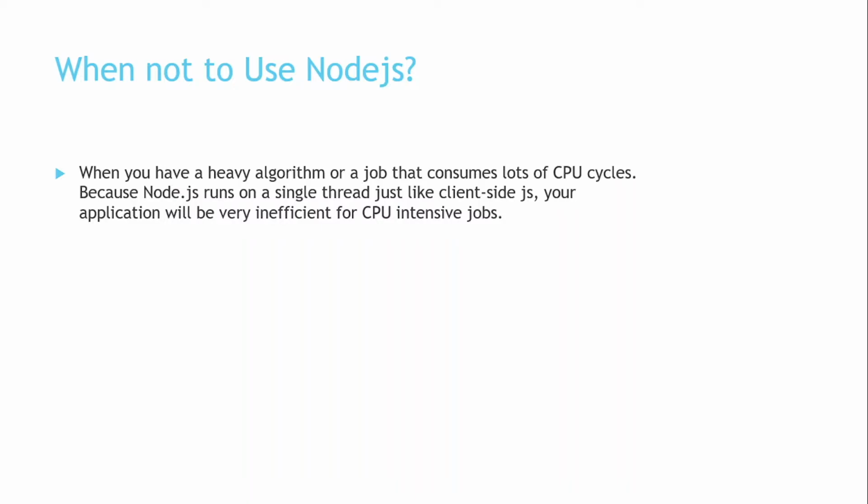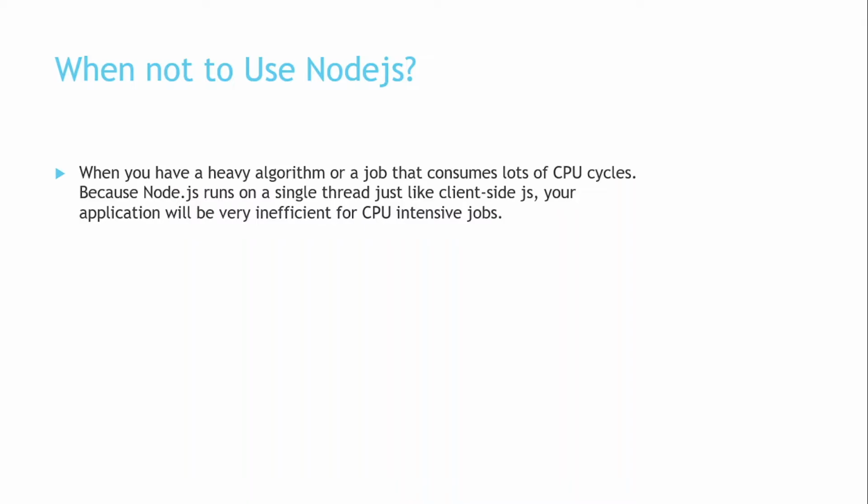So when your application requires a lot of CPU cycles or heavy computing, you should not use Node.js, because Node.js runs on a single thread and manages everything in that single thread by using asynchronous callbacks. If we use Node.js there, it will make our application very inefficient.